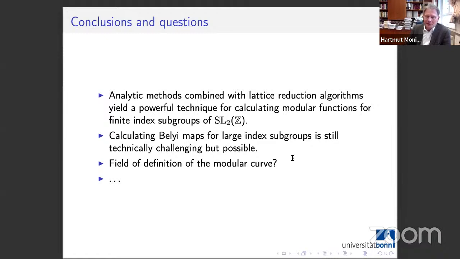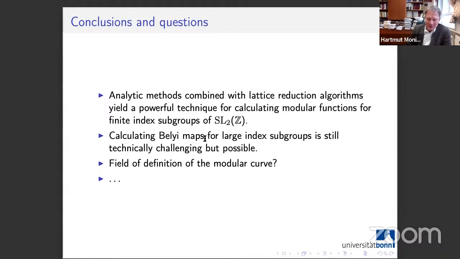From the number theory side, the most interesting question is really, can one say more about the field of definition beforehand? Because that would reduce the calculation enormously. That's one point where I would like to have more input.